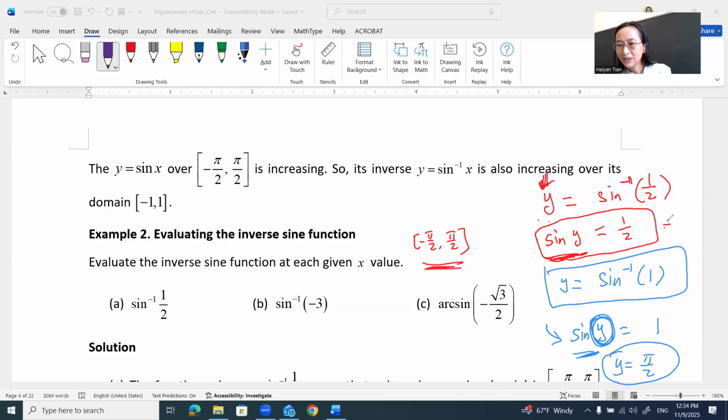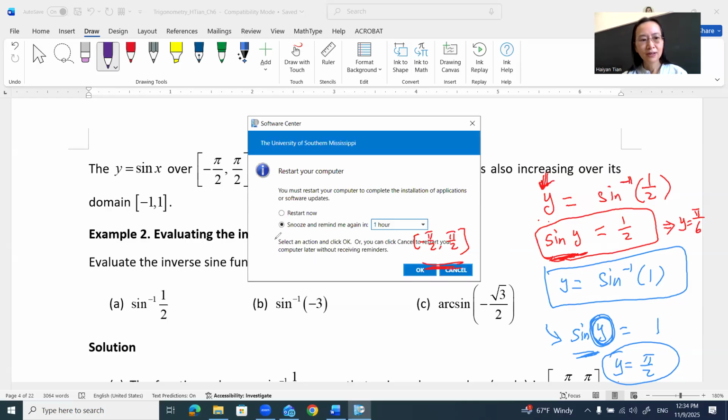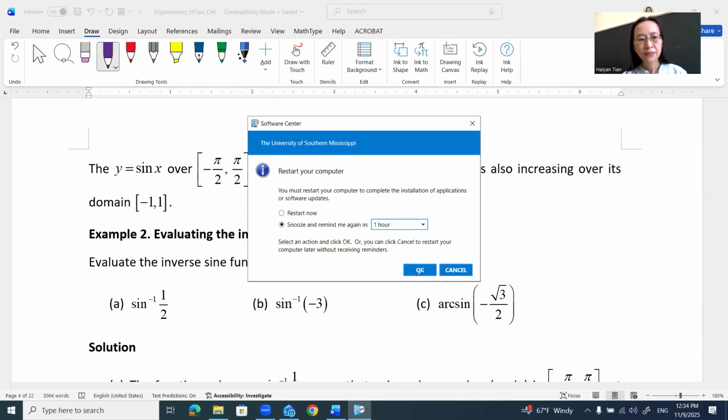Can we tell? We know y has to be pi over 6. Pi over 6. So that is the answer.